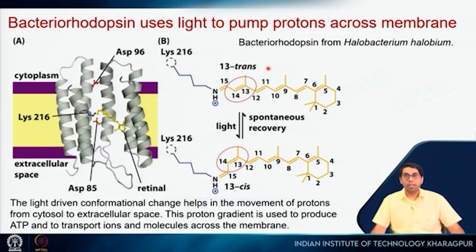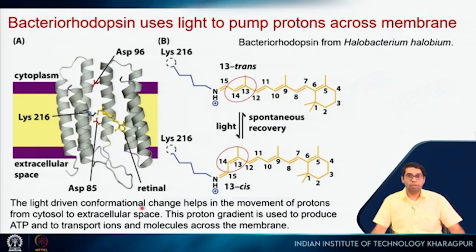So that is done by this particular protein called bacteriorhodopsin. This one is found in Halobacterium halobium. So this is a bacteria which loves salt, and in this case what it does, it uses light.